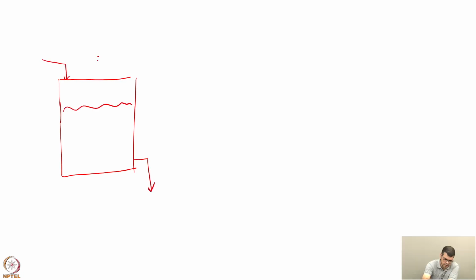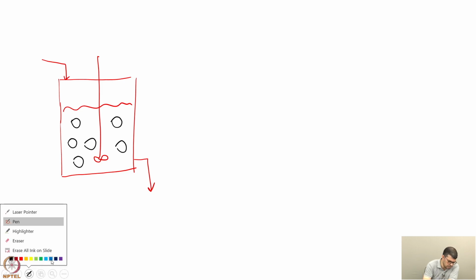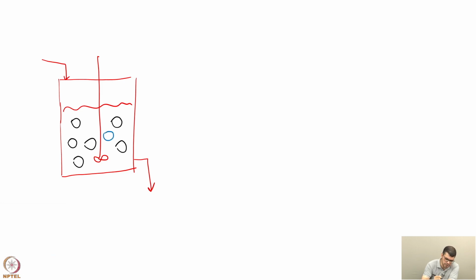So if we go back to the chemostat example, we have a genetically identical population. Let's represent that by these black circles, and in this population we have a blue mutant individual which comes up in the population.